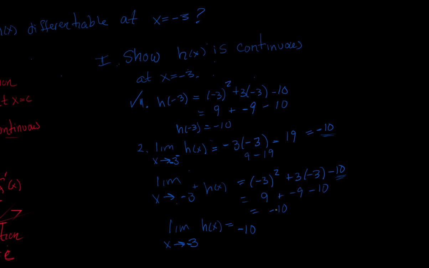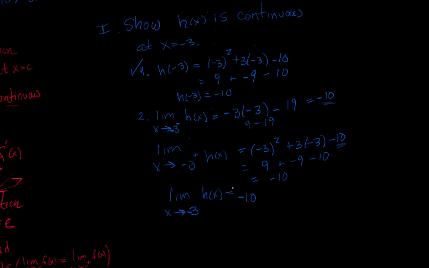We have this value. And now we just need to make the observation that, so that takes care of step 2, and now we need only make the observation that we just showed that the limit as x approaches negative 3 for this function is equal to this function evaluated at negative 3, since both of them turned out to be negative 10.